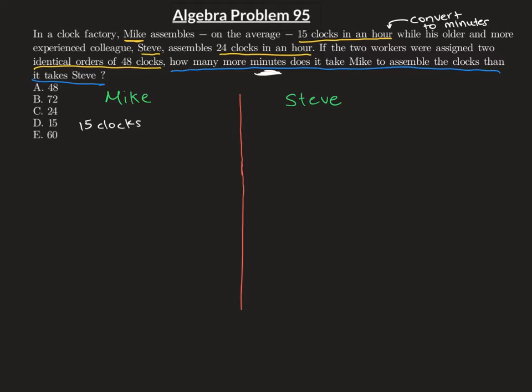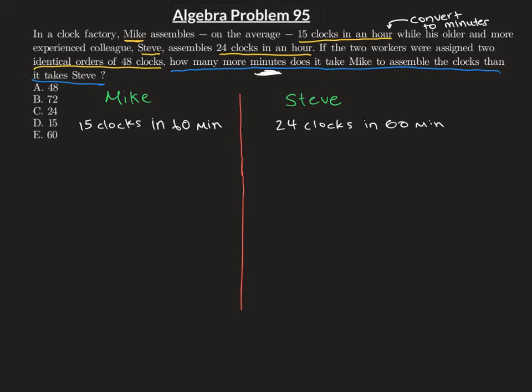An hour is just 60 minutes. So 15 clocks in 60 minutes. And let's write it out for Steve. Steve can do 24 clocks in the same amount of time, so 60 minutes.